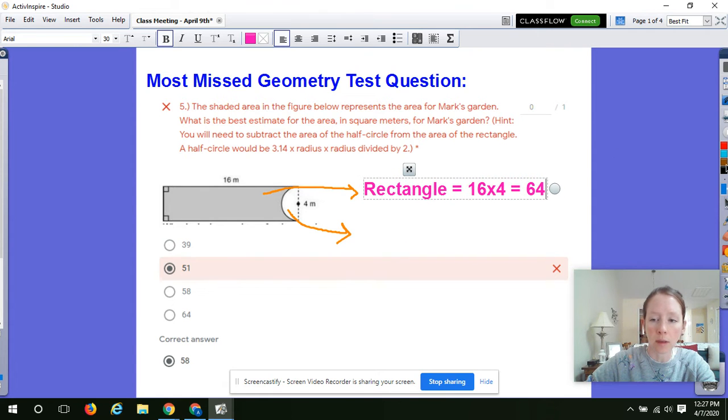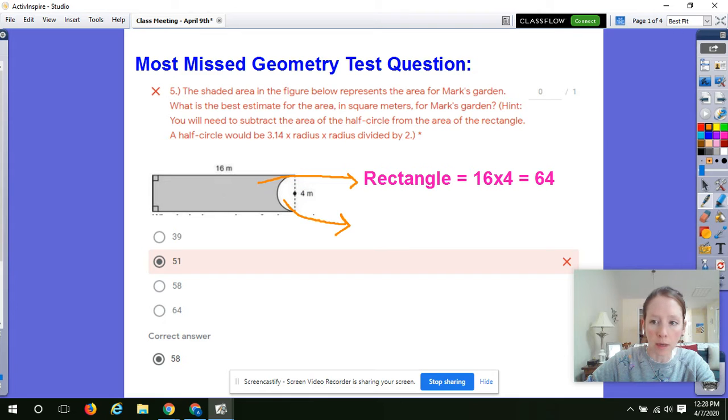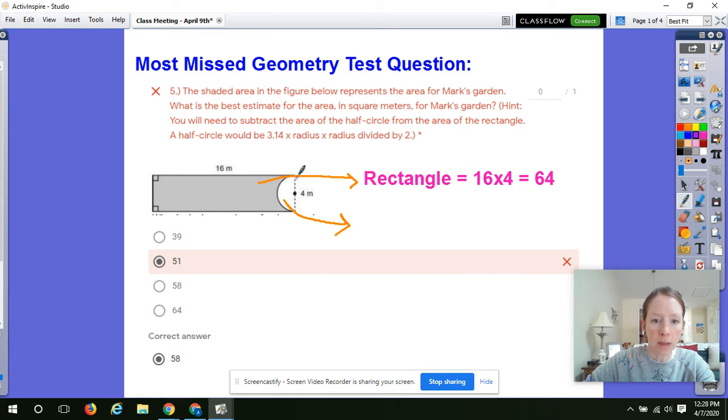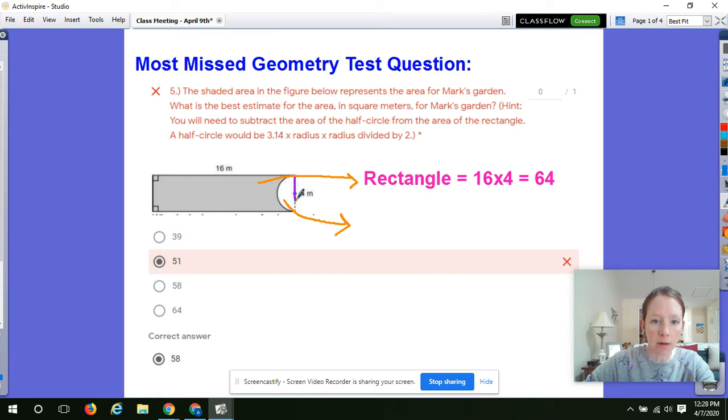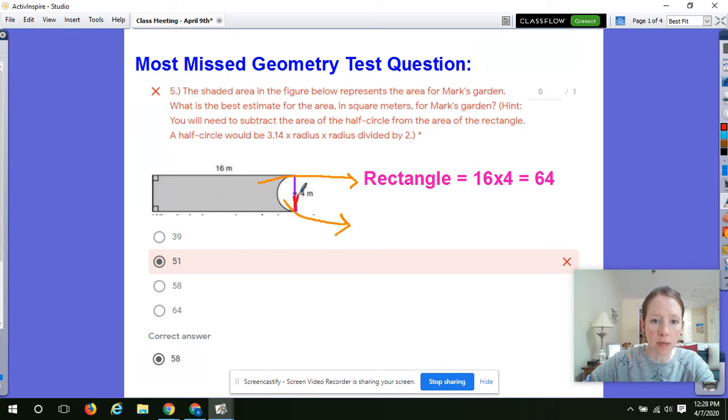And here's where I think a lot of students had some issues. The 4 right here would be the diameter of the circle, which means that the radius, what's in red here, would be 2. So I think that's where a lot of students had some issues.